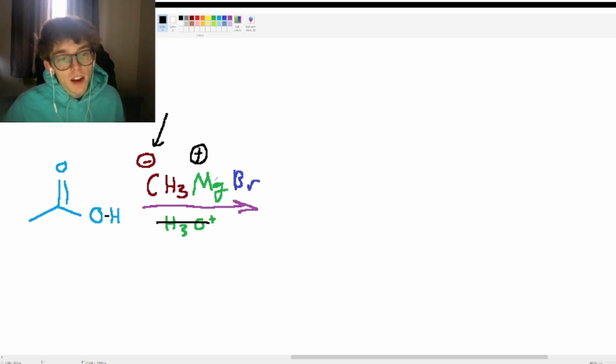The pKa of CH4 is about in the 50s. So if we have a pKa of a methyl group in the 50s, what do you think that says about its conjugate base? Well, it's extremely strong, so that means that instead of attacking this slightly positive center here, it's going to first deprotonate this to give us a carboxylate ion, which looks something like this.